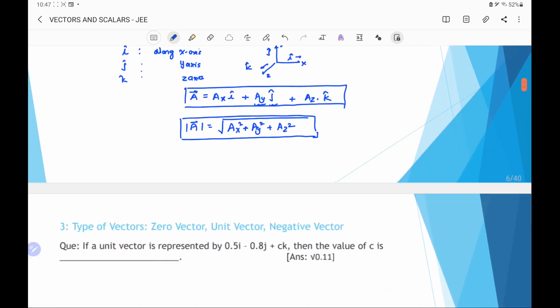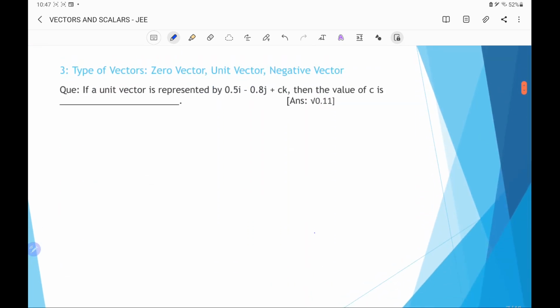Let's do one problem. If a unit vector is represented by 0.5i minus 0.8j plus ck, then find the value of c. Here the vector is given as 0.5i minus 0.8j plus ck. The magnitude of the vector A is equal to square root of Ax square plus Ay square plus Az square, as mentioned earlier.